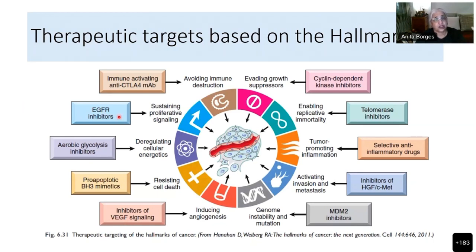Take EGFR inhibitors, because EGFR is a growth factor. We talked about it last time. It sustains proliferative signaling, so target the EGFR with a tyrosine kinase inhibitor and it works. Telomerase inhibitors. Here we now use Venetoclax, which is a BCL2 inhibitor, and so on and so forth.